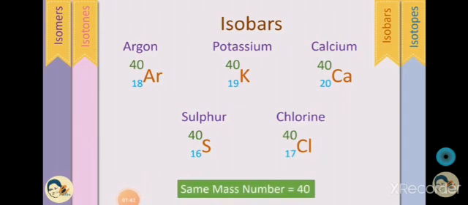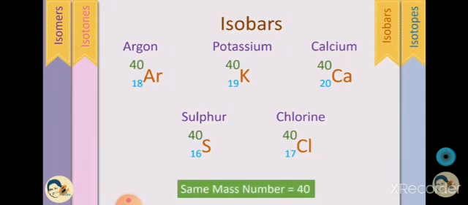From this, can you calculate the number of neutrons for all these elements? Take the first one, argon, as an example. Here, the atomic number is 18 and the mass number is 40. How can you calculate the number of neutrons? You have to subtract 18 from 40. That is 40 minus 18. You get the number of neutrons.